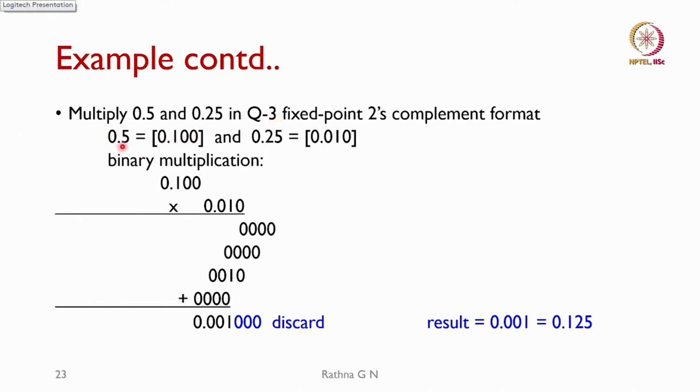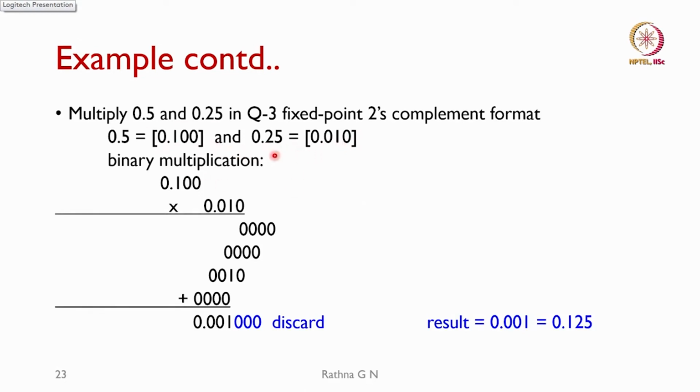So, 0.5 is 2 power minus 1, and the other number is 0.010, which is 2 power minus 2, that is 1 by 4, which is 0.25. So, I want to do this multiplication.